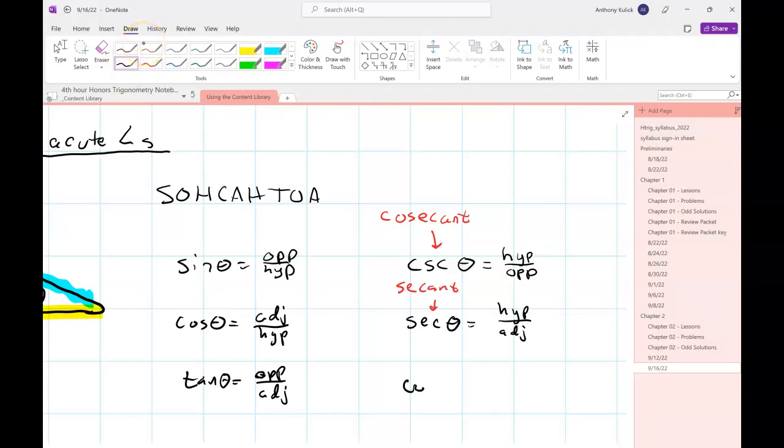And then there's cotangent, which is adjacent over opposite. Oh, what am I doing? Saying stuff without writing it, huh? That's too messy.